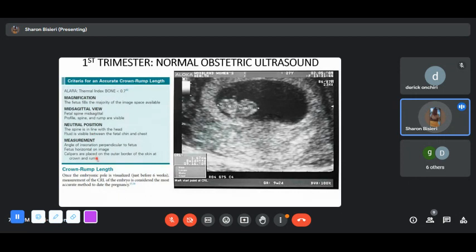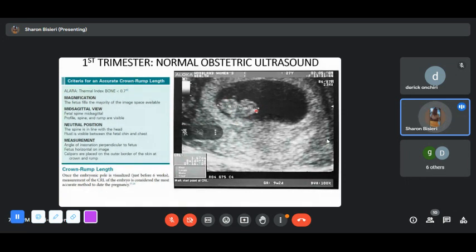And these are the parameters that need to be set before you get your crown rump length. Ideally, your fetus is supposed to be filling a majority of the image space available. Then it needs to be taken in the mid-sagittal view, where you can visualize the spine, the crown, and the rump.